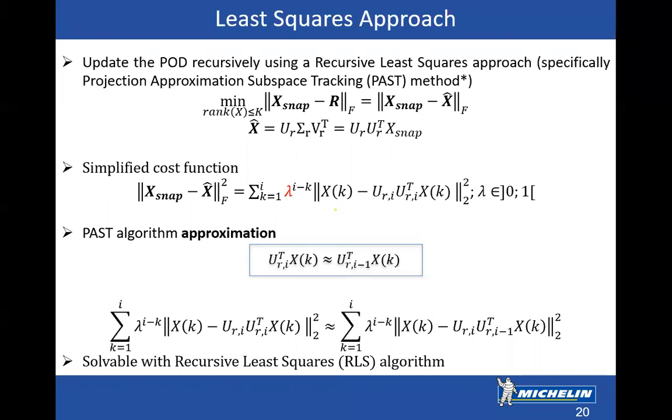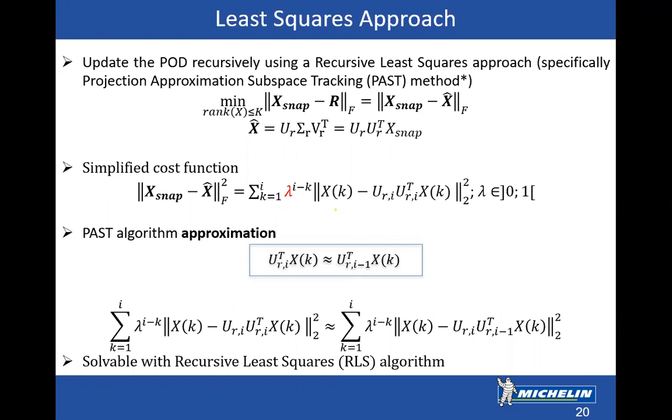Now, here comes the PAST algorithm. We use the PAST approximation. So instead of writing U_r(i) transpose x_k, it can be approximated by U_r(i-1) transpose x_k. So our cost function becomes x_k minus U_r(i-1) transpose x_k. I know x_k.